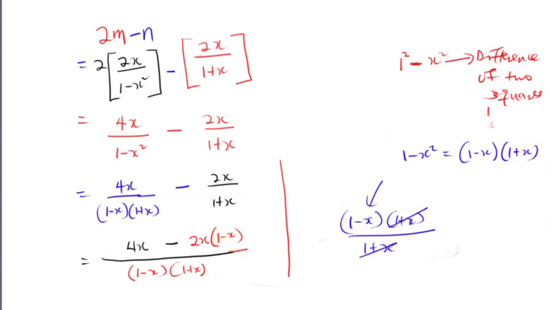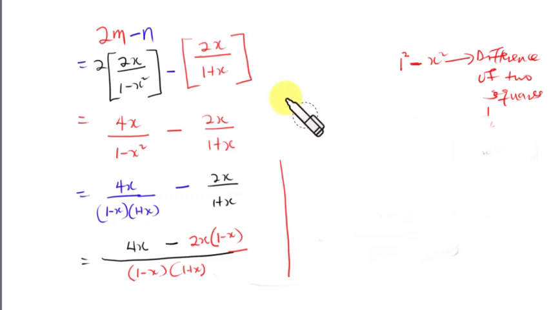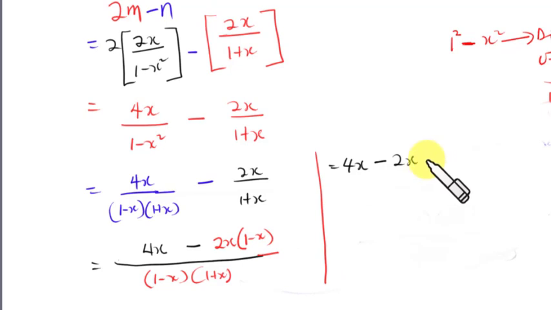So from here we can go on to simplify this. So let's put it here. So this is equal to 4x minus, so we have 2x times 1, that's going to be 2x. Then we have negative 2x times negative x here, so that's going to be positive 2x squared.